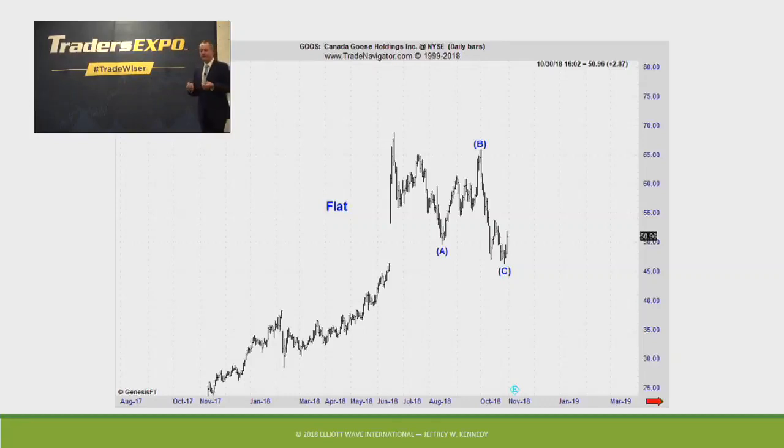Case in point, does everybody know what a key reversal is? Raise your hand. You know what a key reversal is because you learned it in my service. Other people, do you know what a key reversal is? Okay, a key reversal occurs whenever you have, say, today's price action. What's today? Wednesday? Okay, I fly back tomorrow.